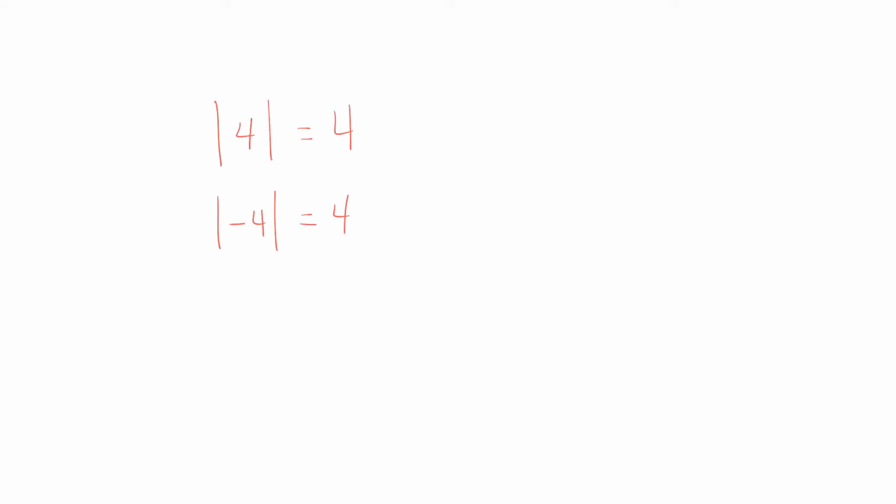And both of these numbers, if I draw a number line with 0 in the middle, are 4 units away from 0, right? So the absolute value of a number is its distance from 0.